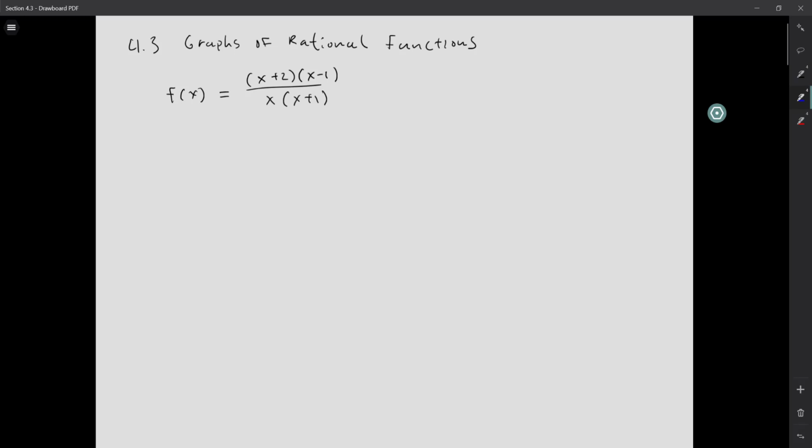And last time we identified how we were going to find asymptotes. If we go ahead and multiply this out, we're going to get x squared plus x minus 2 all over x squared plus x.